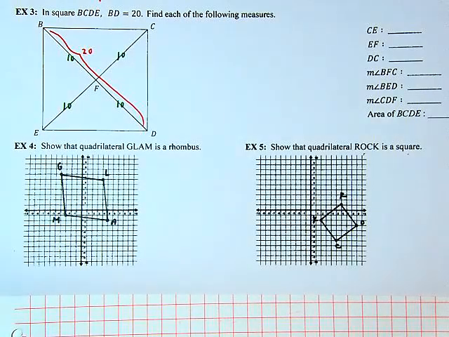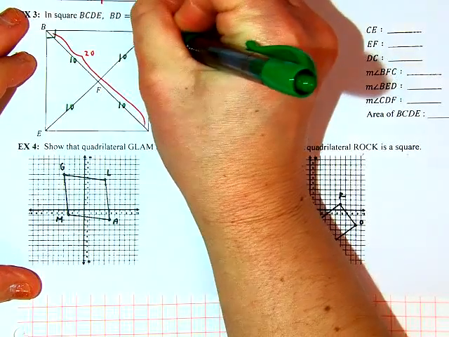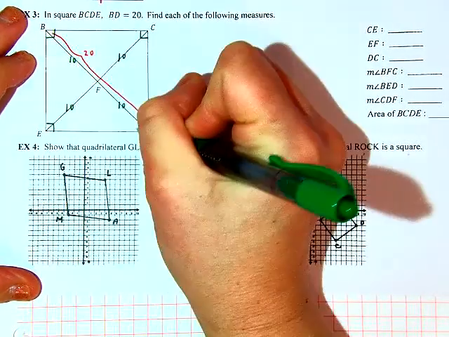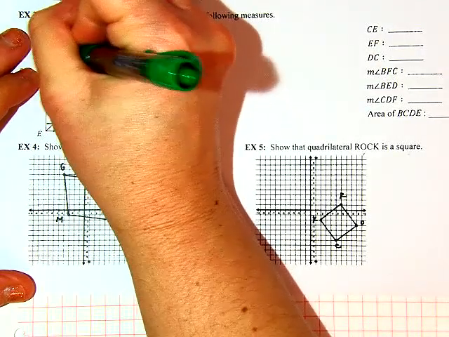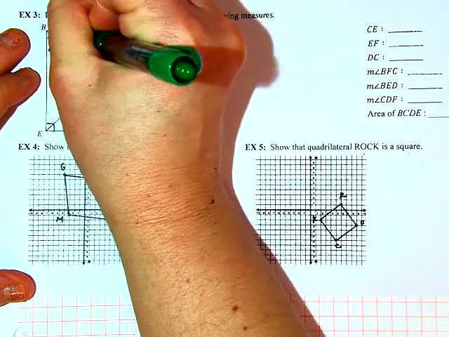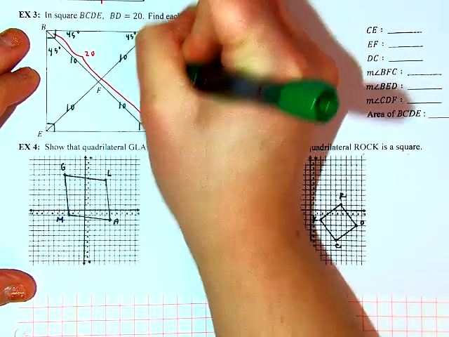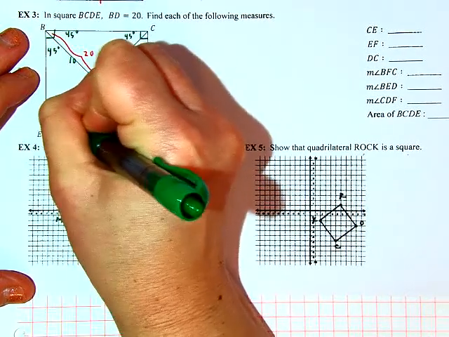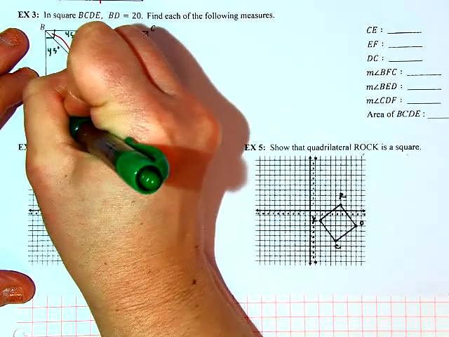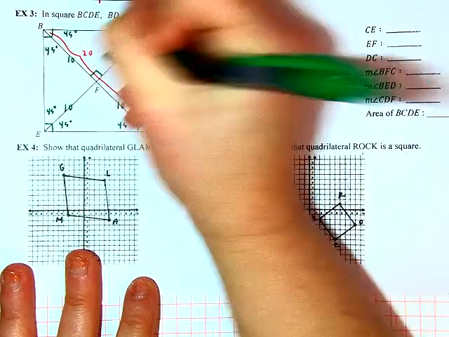I know also that all of my interior angles are congruent. They're all right angles, and those angles are getting bisected, so I have 45 degrees in all of these spots. All right, diagonals are perpendicular, so I have a right angle right here.